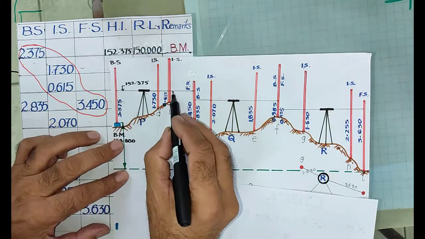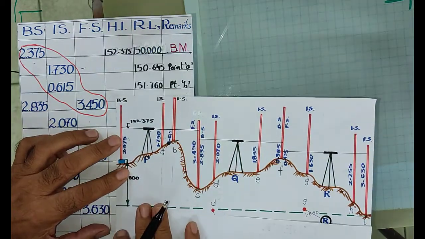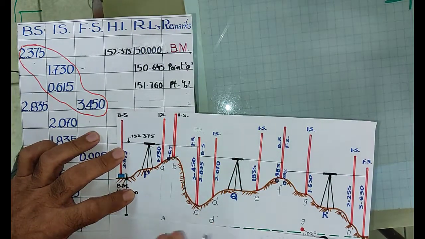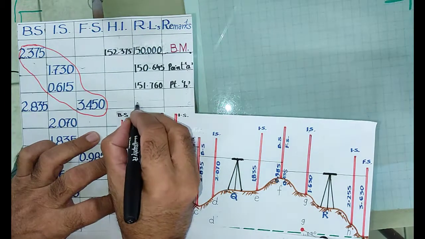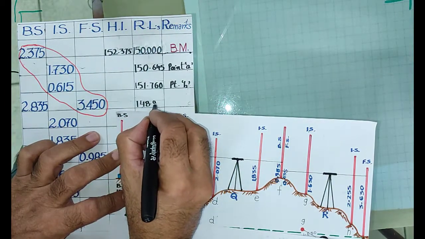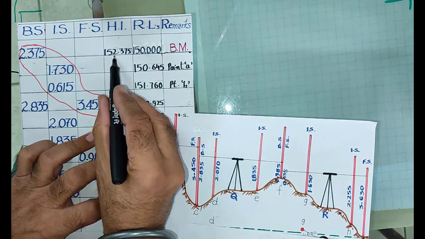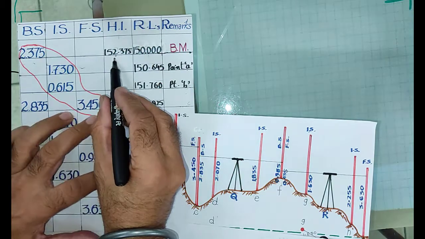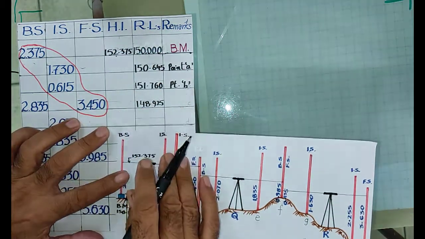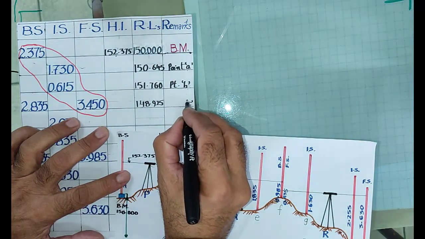So from this height of instrument, deduct this 3.45, and the RL of point C comes to be 148.925. Height of instrument is this, you deduct this value, and this is the RL of point C. This is your point C.